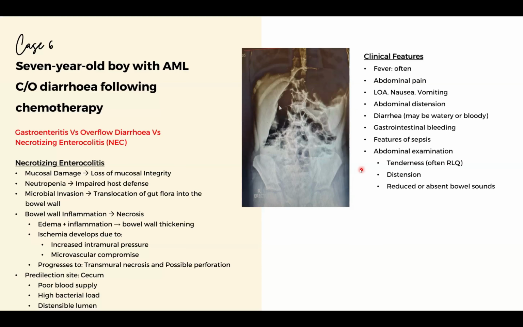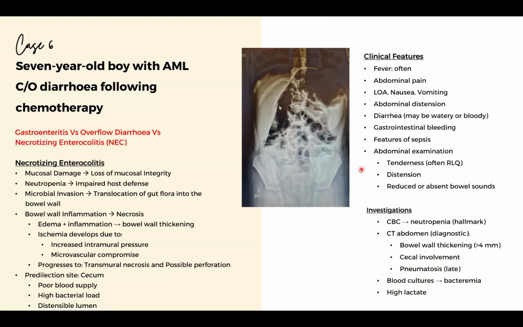Clinical features: most of the time they have fever, and they have abdominal pain and tenderness. So this is a tender abdomen without bowel sounds. That is how we differentiate it from paretic ileus, because this abdomen is usually tender.